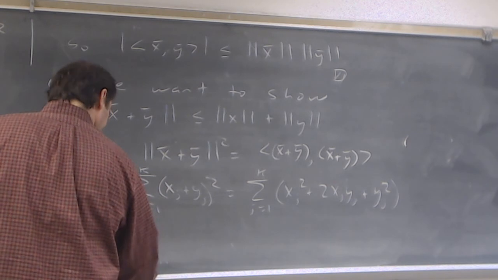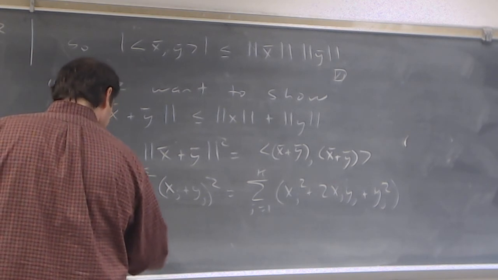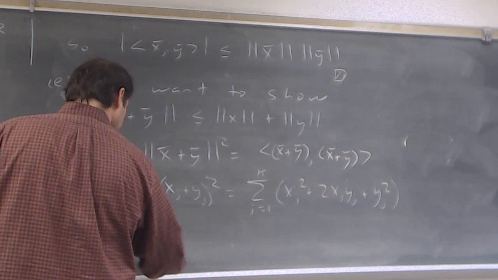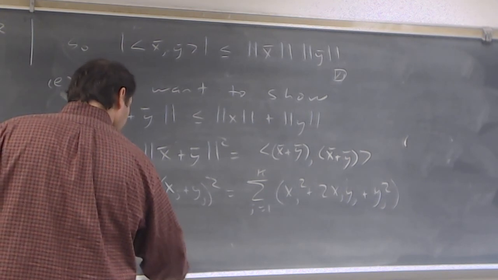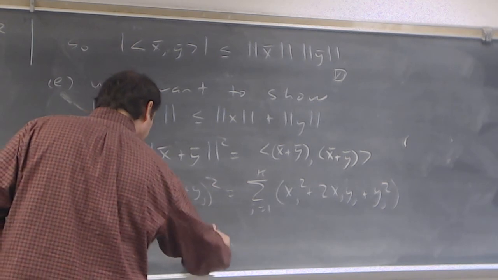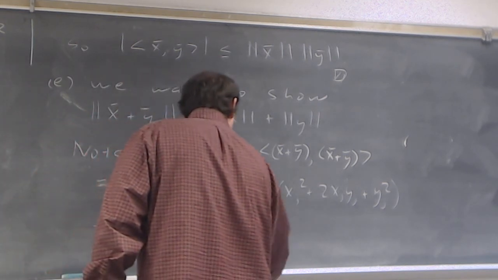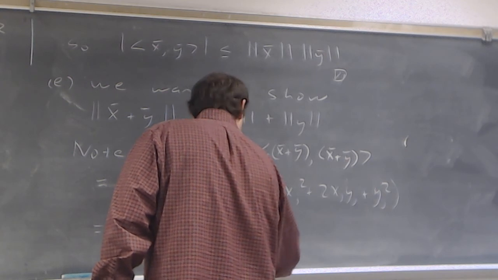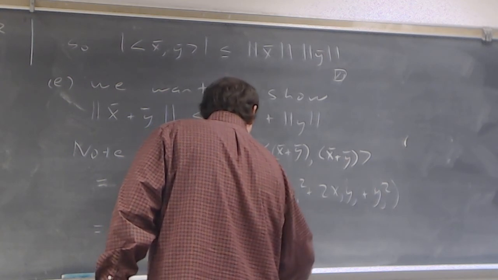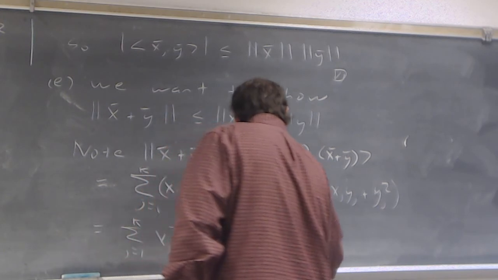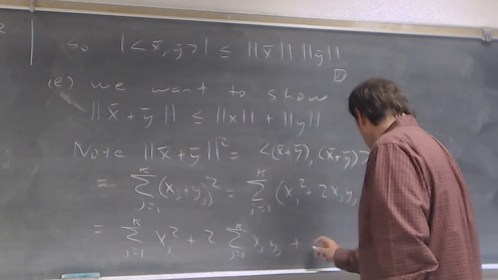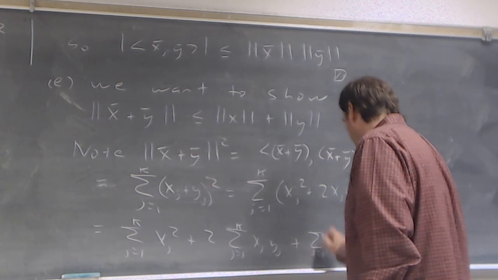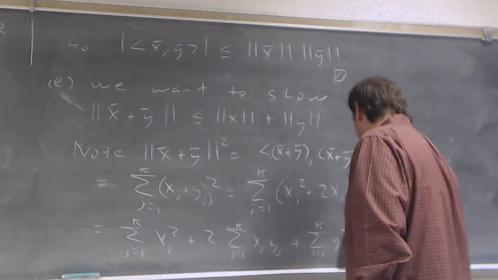So it's the sum as j runs from 1 to k of x sub j squared, plus, I'll pull out a 2, the sum as j runs from 1 to k of x sub j y sub j, plus the sum as j runs from 1 to k of y sub j squared.